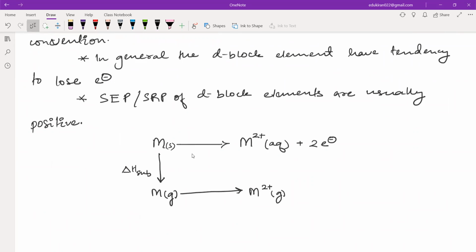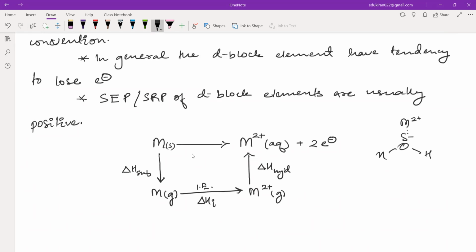Now from M2 plus, I have to convert it into aqueous. That means I add this gaseous ion into water. This is delta H I, the ionization enthalpy, and this is the delta H of hydration, the hydration enthalpy. Because when I add M2 positive to water, the oxygen has a delta negative charge, and they will interact.